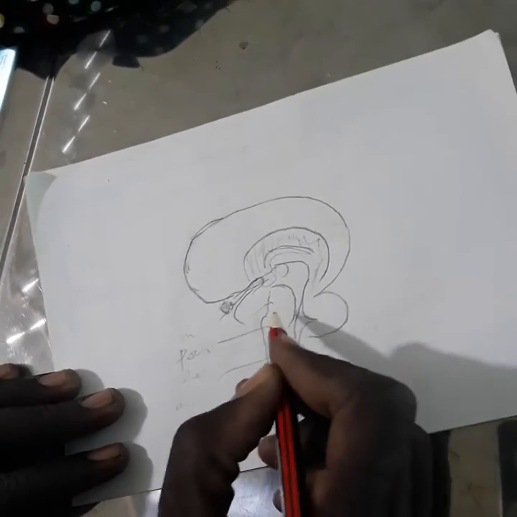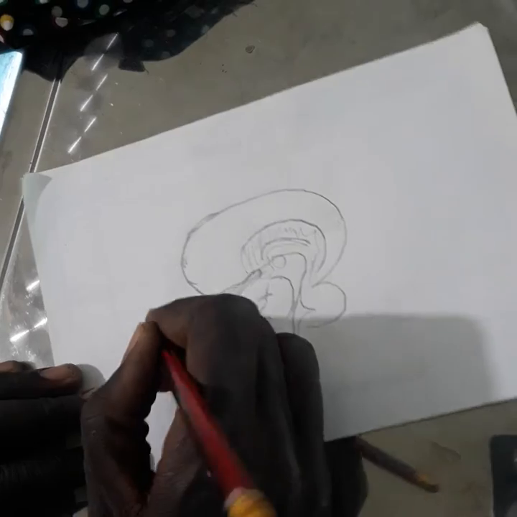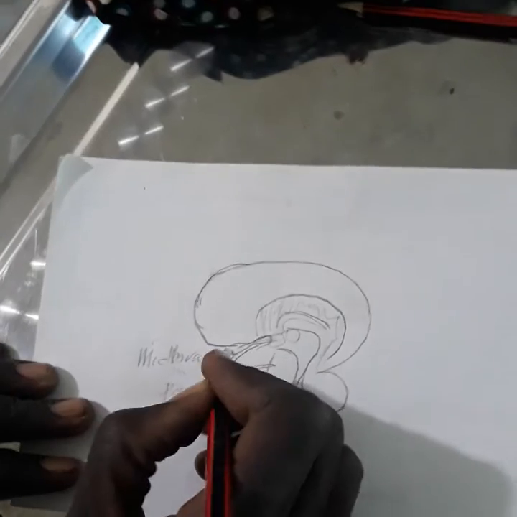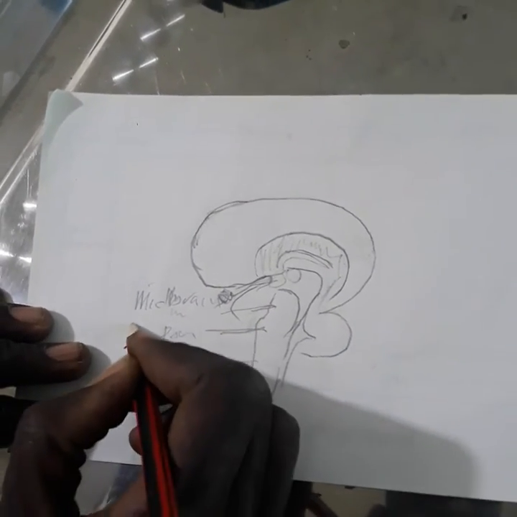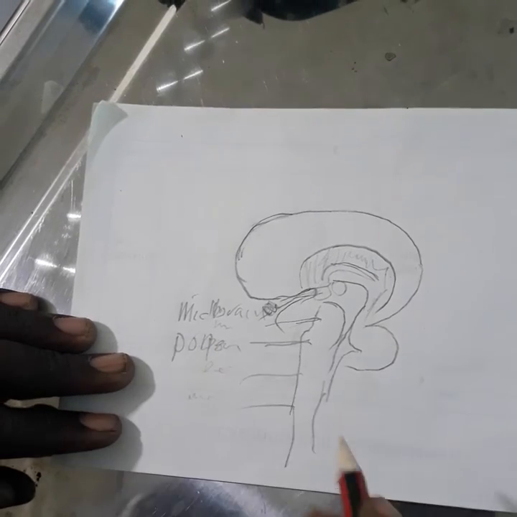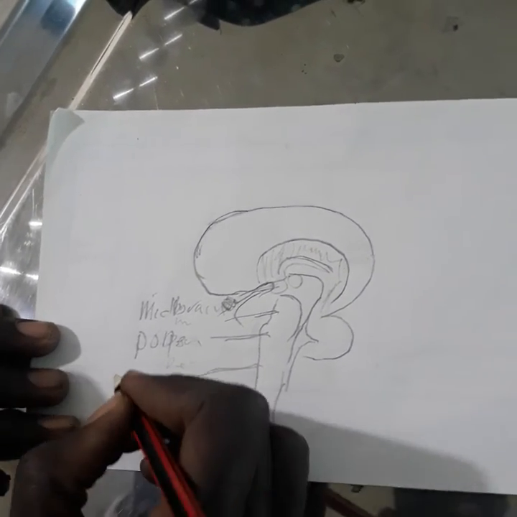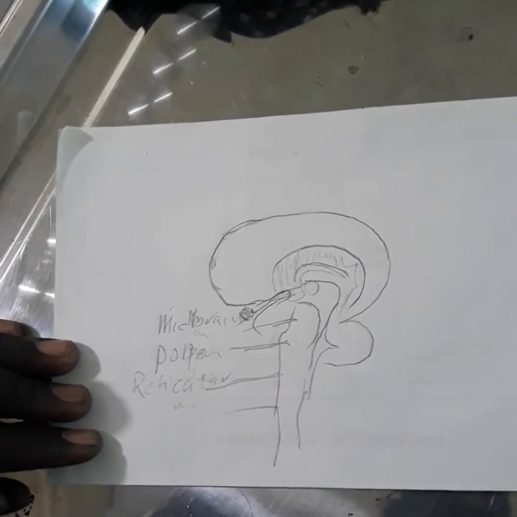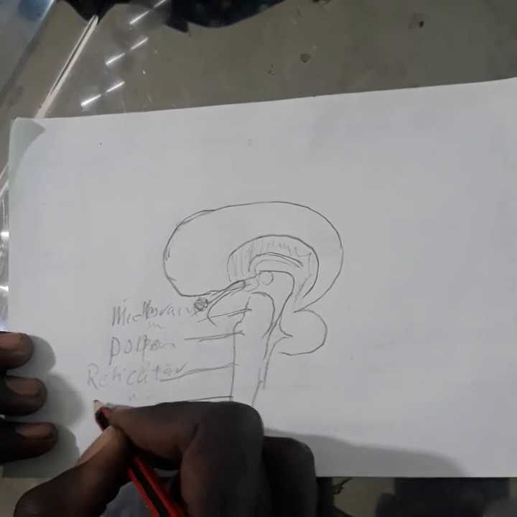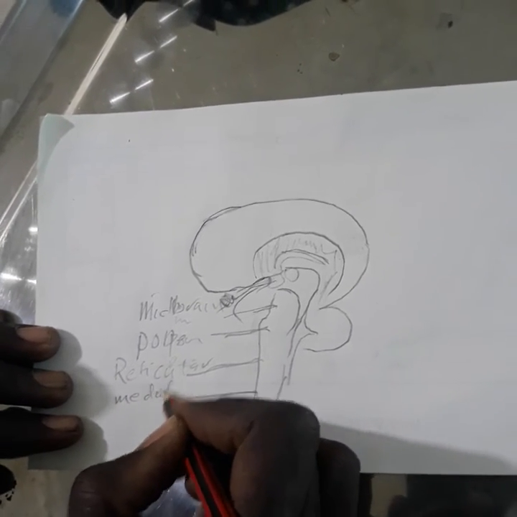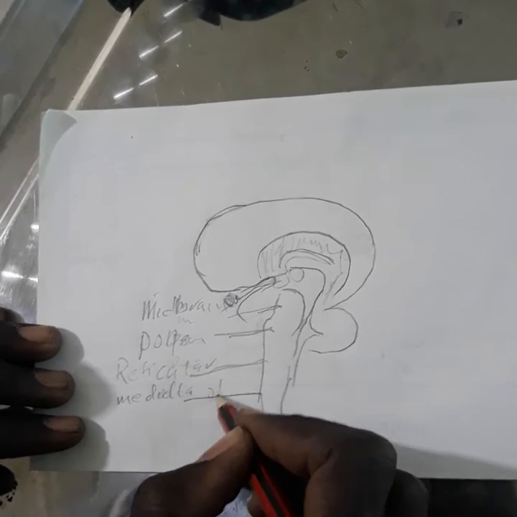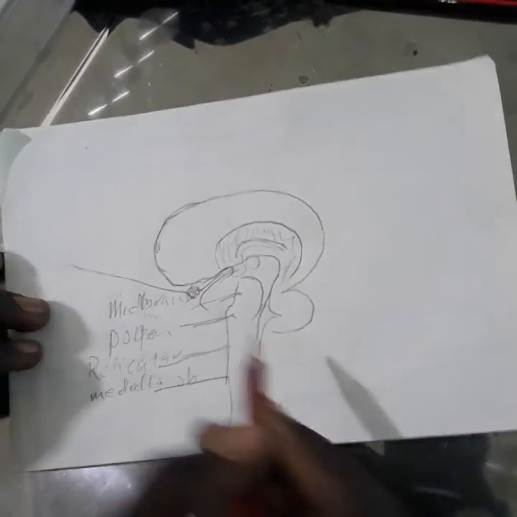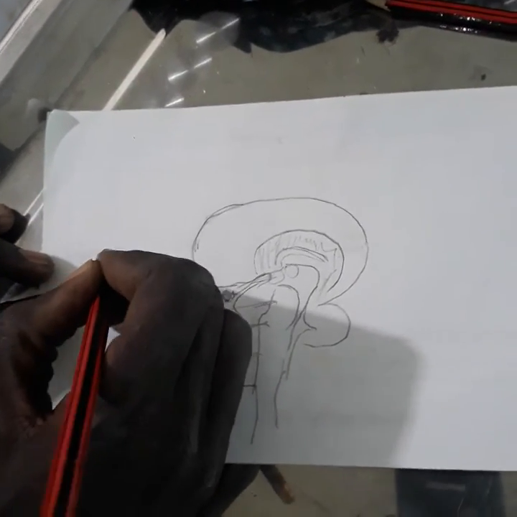Then this would be what they call the midbrain. And this would be what they call the pons. And this would be what they call the reticular formation. And this would be what they call the medulla oblongata. Just like that. This one here is a gland called the pituitary gland.